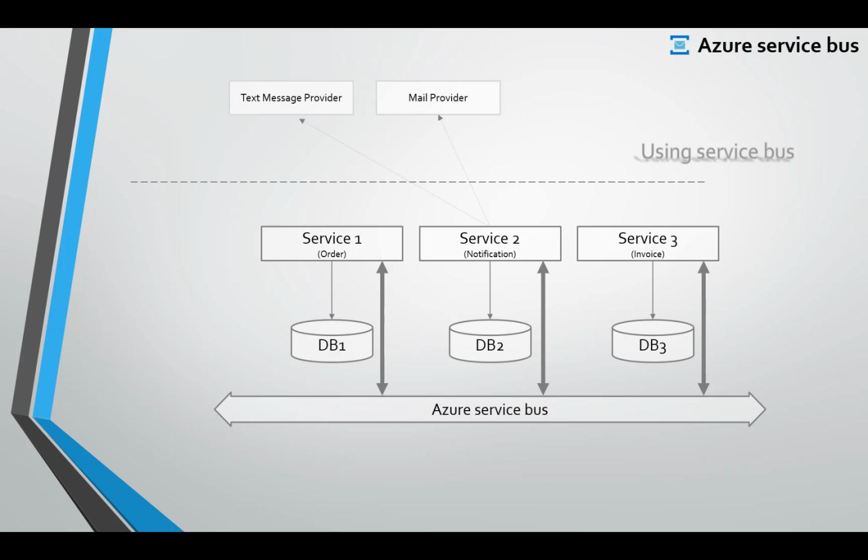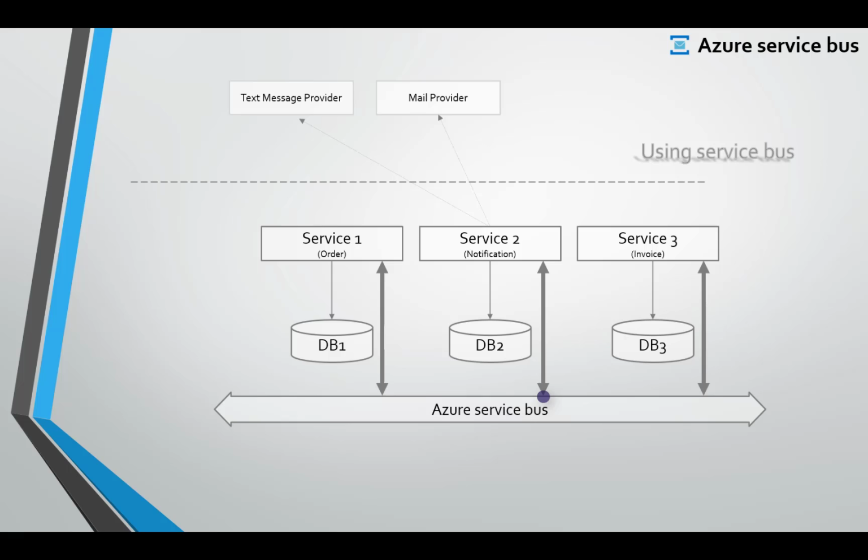And there the responsibility for Service 1 ends. After publishing a message to our Service Bus, the Service Bus will be responsible for delivering that message to services that have subscribed or need to receive it.